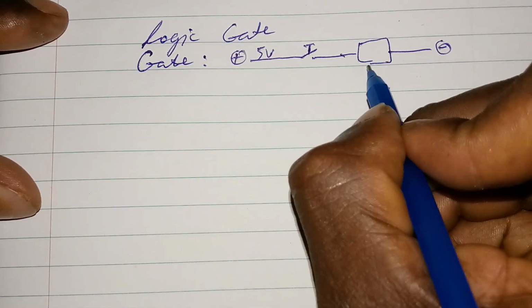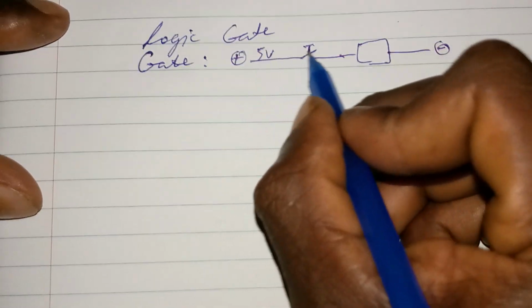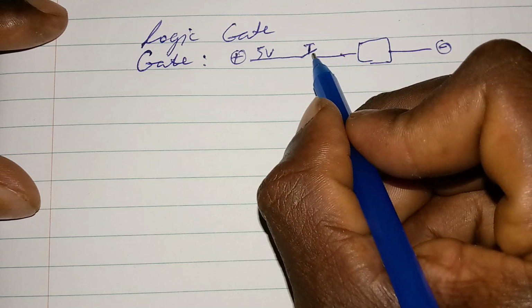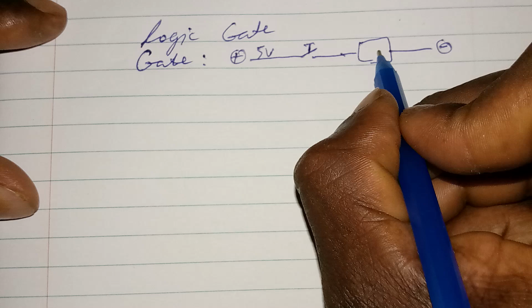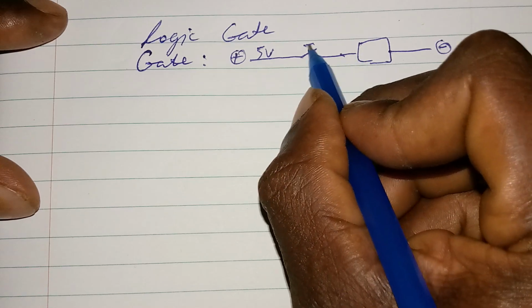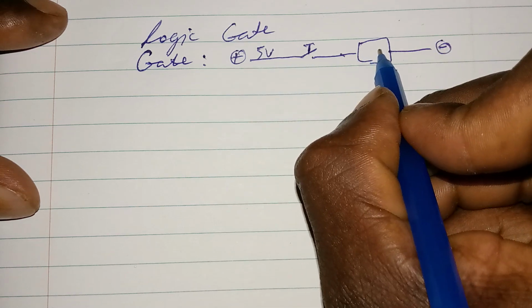So now this is a circuit powered by 5 volts. But this 5 volts cannot power this circuit because the switch here is open. So if you want to power this circuit, you have to press this key so that the 5 volts will be able to power the circuit.